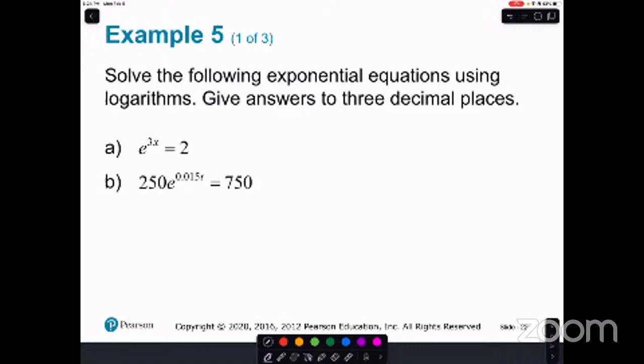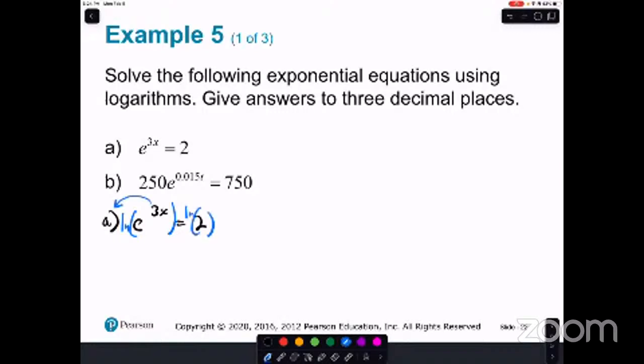Okay. So then for part A, we have e to the power of 3x equals 2. So what we can do is take the natural log on both sides. On the left-hand side, this allows us to bring this out of the power, and these guys are going to cancel each other.